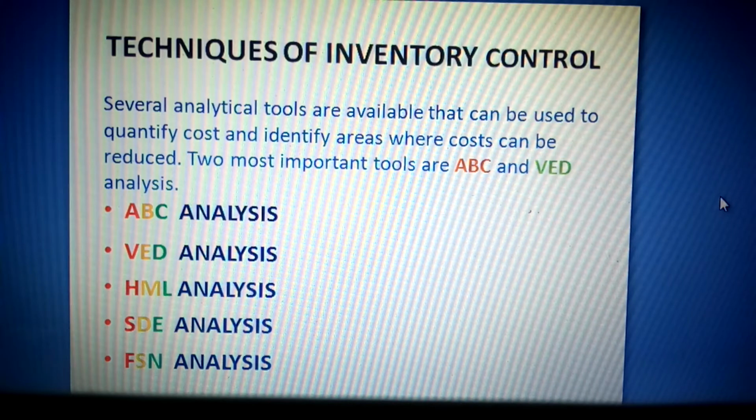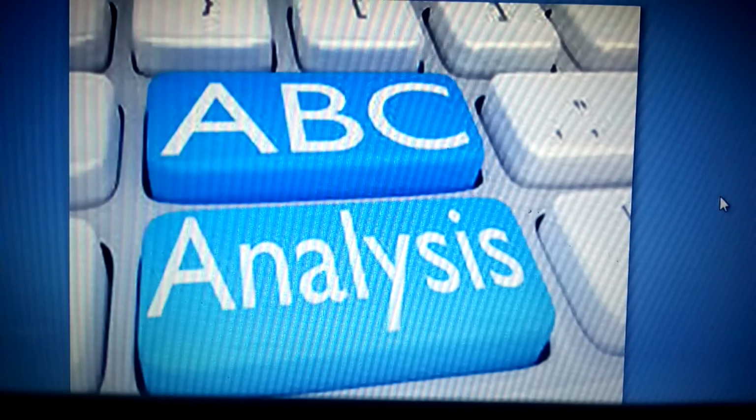Generally, two most important tools are used, ABC and VD analysis, in most of the hospitals. First one is ABC analysis, second one is VD analysis, third one is HML analysis, fourth one is SDE analysis, and last one is FSN analysis.